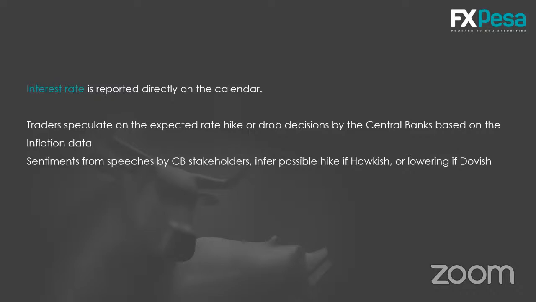So there's something called pricing in. Traders will start taking positions in line with lower rates if it's dovish, even though the date is not yet here for the announcement. That is pricing in.